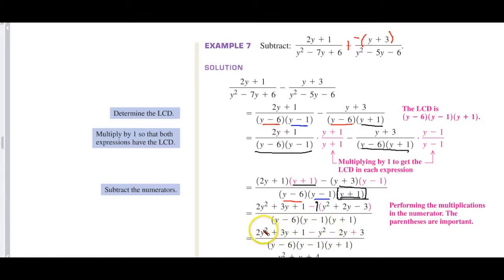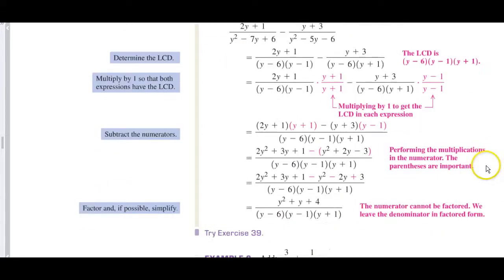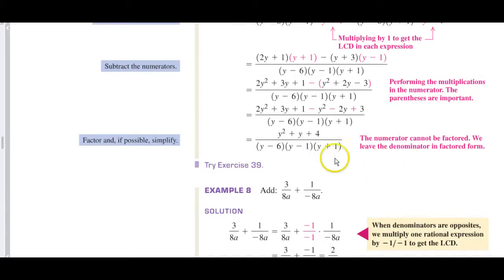Double check, group like terms and put them all over your common denominator. Now this is not factorable, so there's no chance of anything canceling out. That's something you always need to consider.